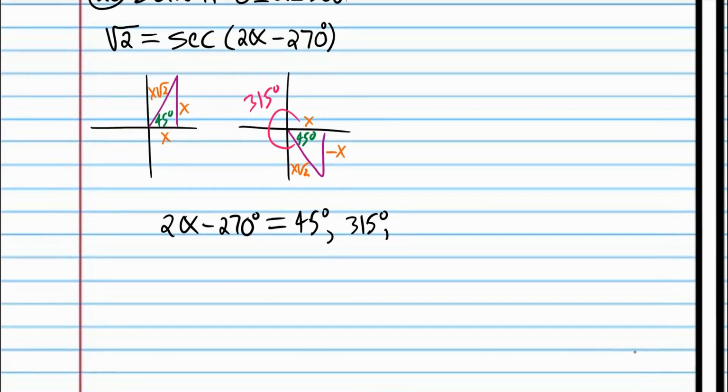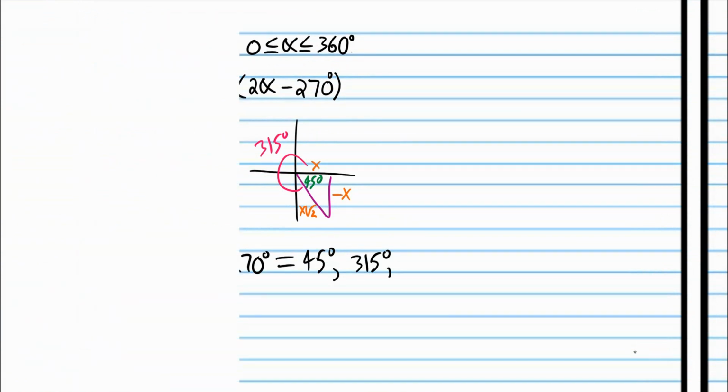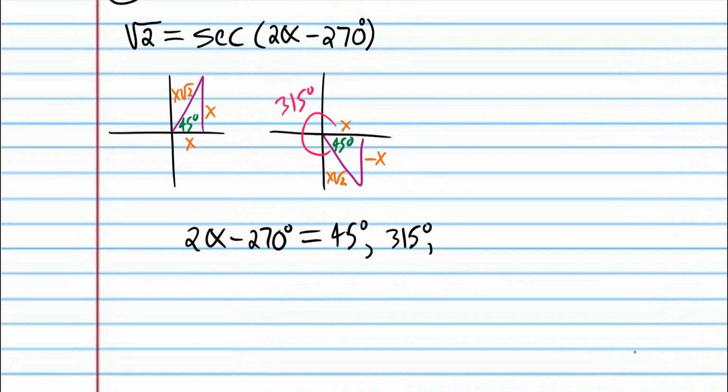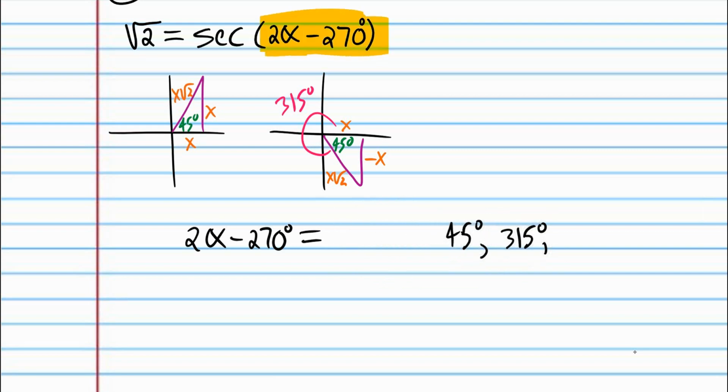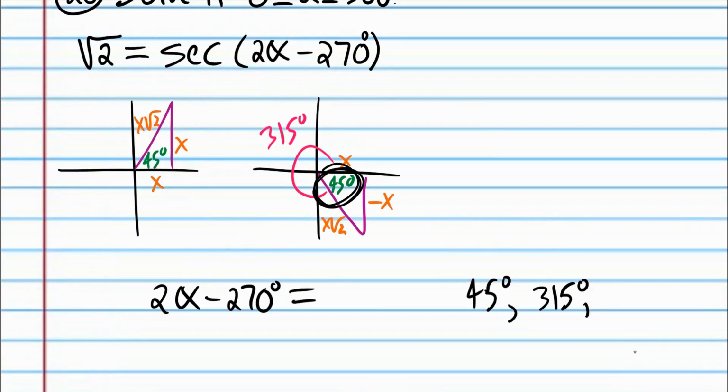But the problem is, once we add 270, we're going to change a negative angle into a positive. So we need to find some negative angles that we can plug into this function to give us root 2. So this angle is 315, but what if you go in the clockwise direction? Clockwise is negative.